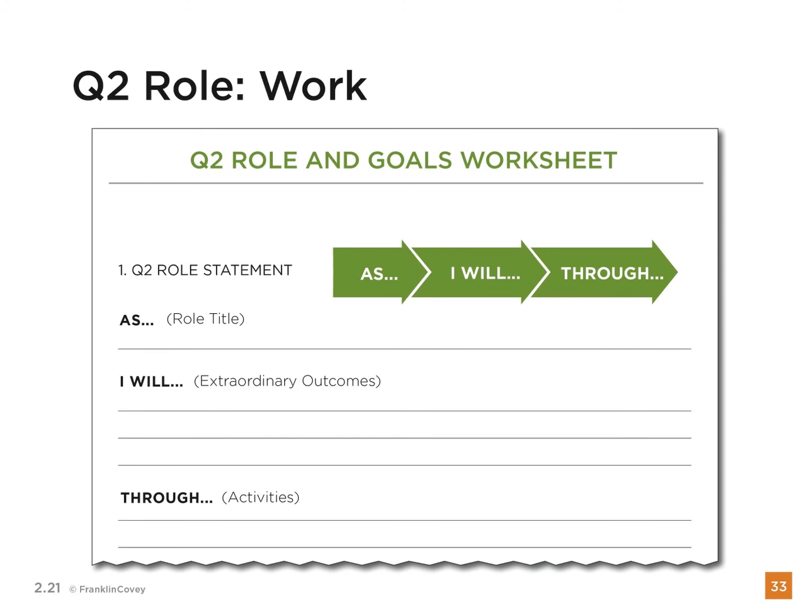So this is an example of the first half of the roles and goal worksheet. So you are going to be seeing this again in class as your homework. As, I will, through. So you'll be putting as, I will, write down what that is for you, and through those activities.